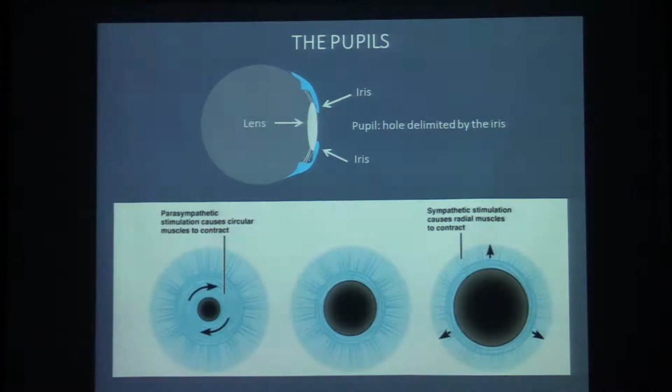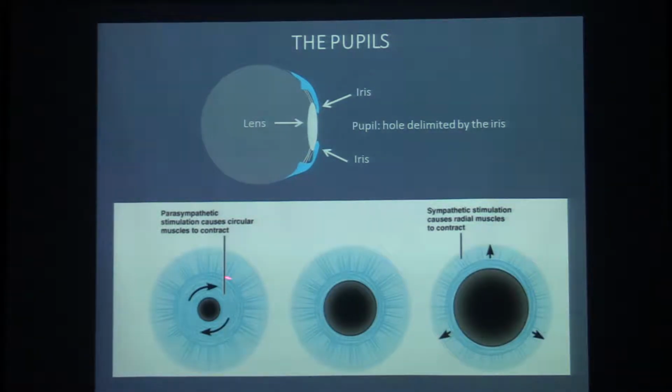So a little bit about the pupil. The pupil is a hole, and this hole is limited by the iris, which is a muscle, around the anterior part of the ocular bulb, and behind the iris is the lens. As you see, there are two different muscles around the iris.